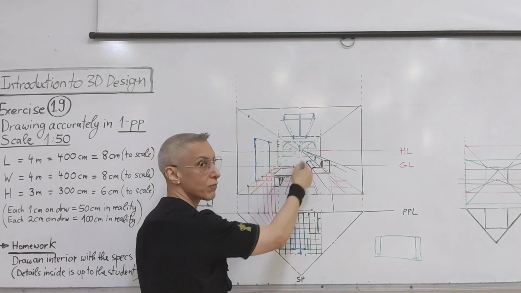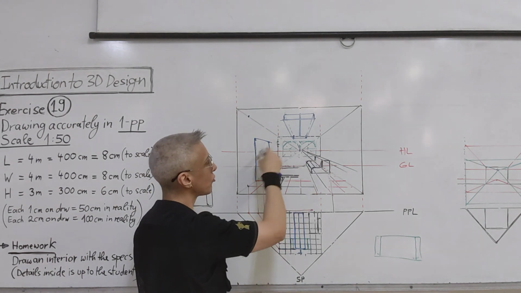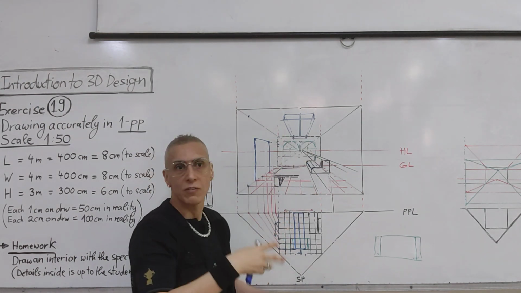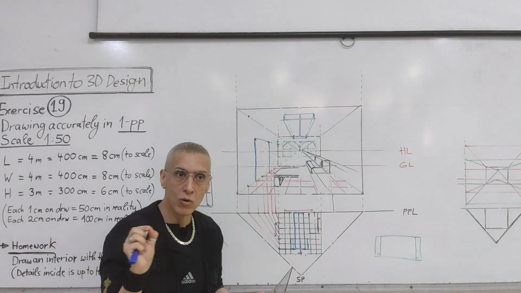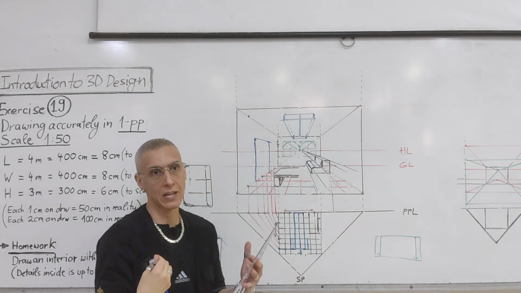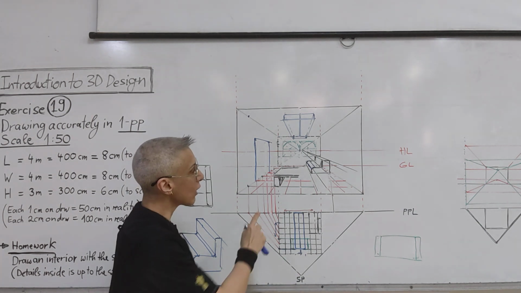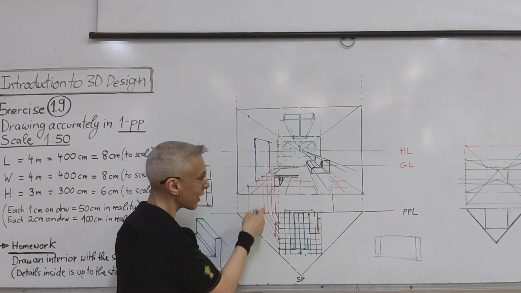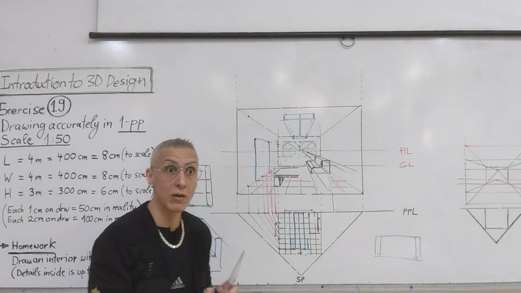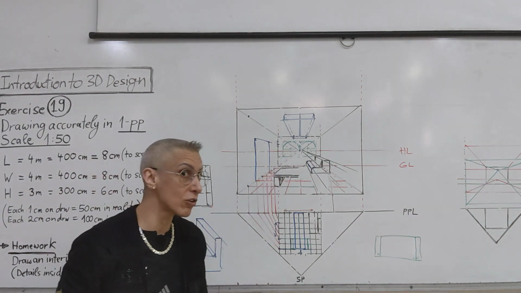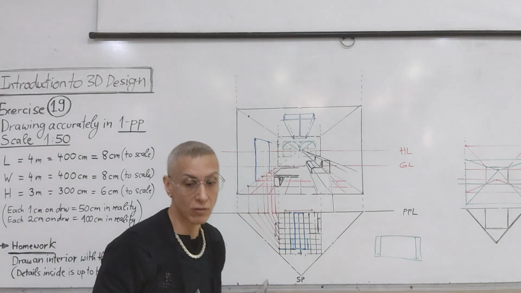Like for example, if you have objects in the room, tables, chairs, doors, windows, something on the ceiling, you will make it heavier so that it can stand out from the drawing. Any construction lines, like these kind of lines, keep them light, okay? But I want to see the construction lines as well, but very light on the paper.